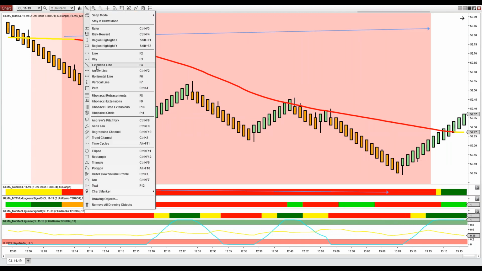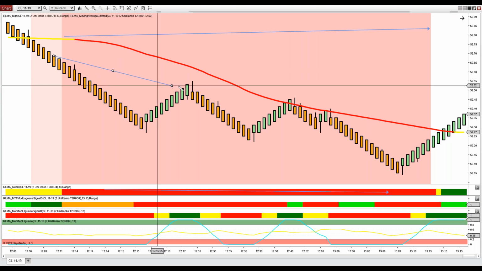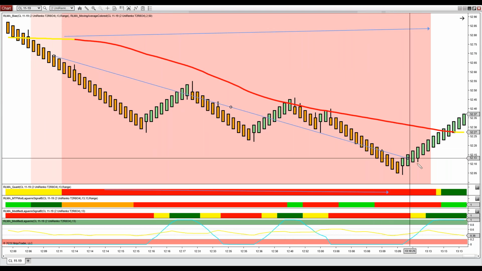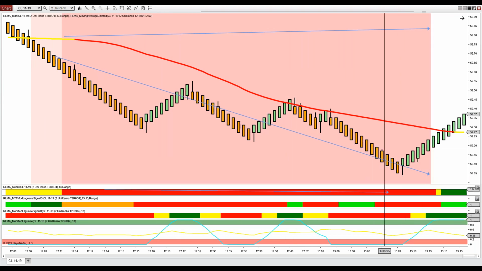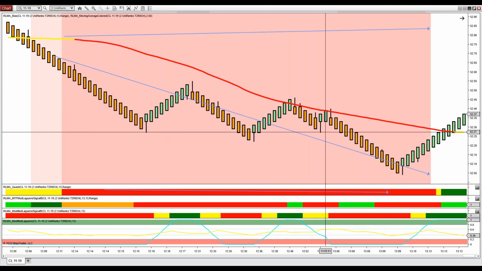And you're going to have a sell signal all the way here. That's what the scanner looks at. And those are the key parameters.